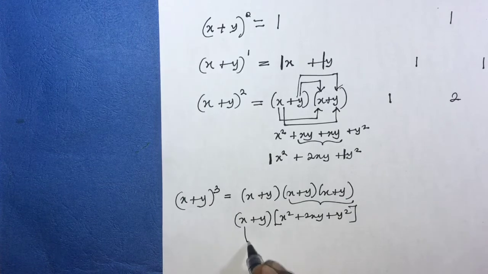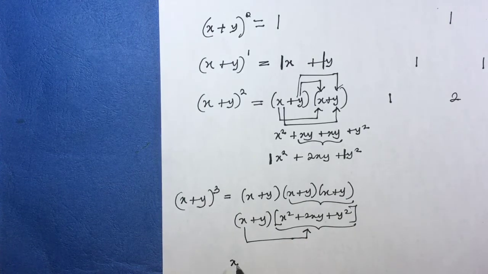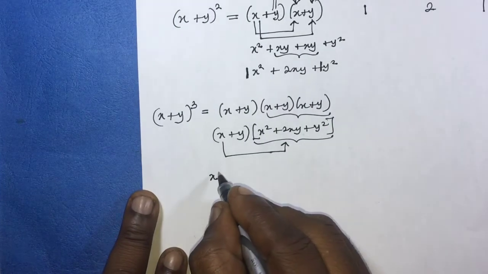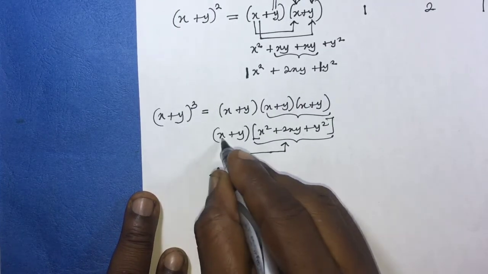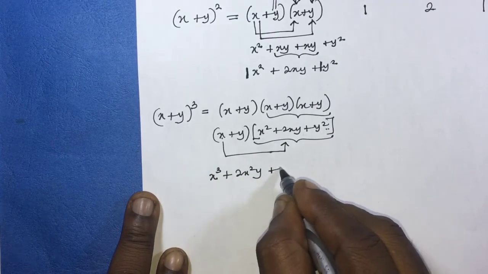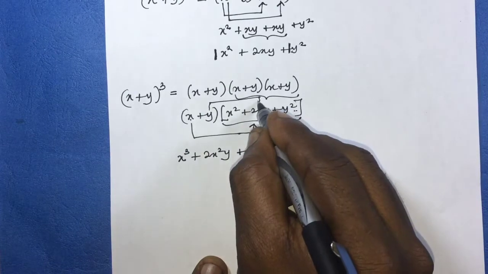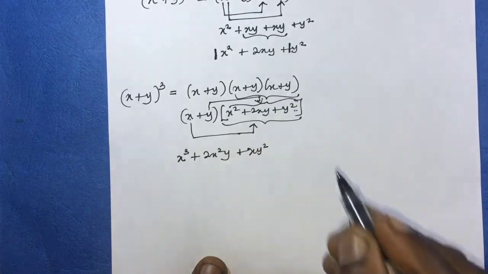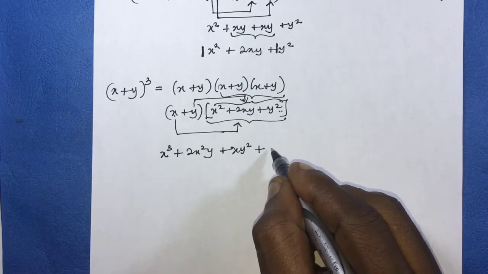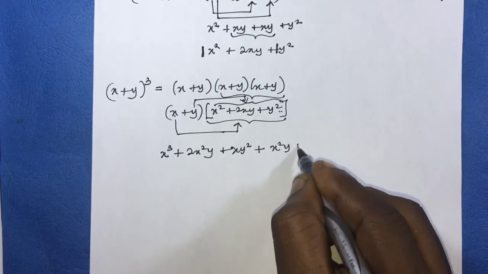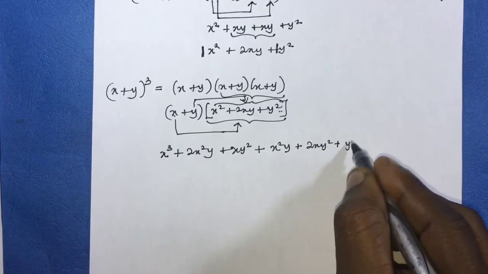And when you use this to multiply everything here, you would have x cubed plus 2x squared y. x times y squared will give you xy squared. Then you start using the y to multiply everything here, and that will give you x squared y plus 2xy squared plus y cubed.